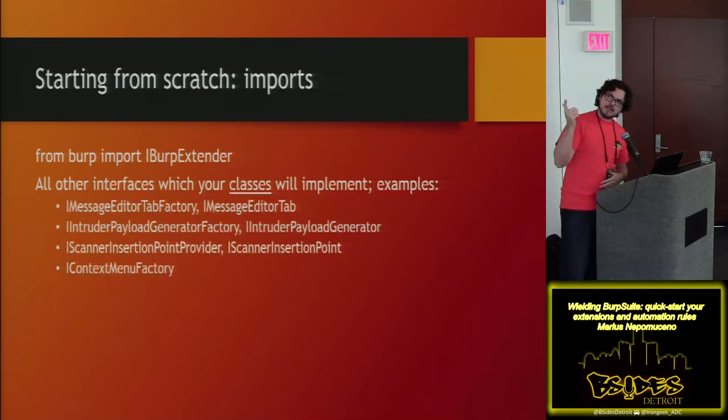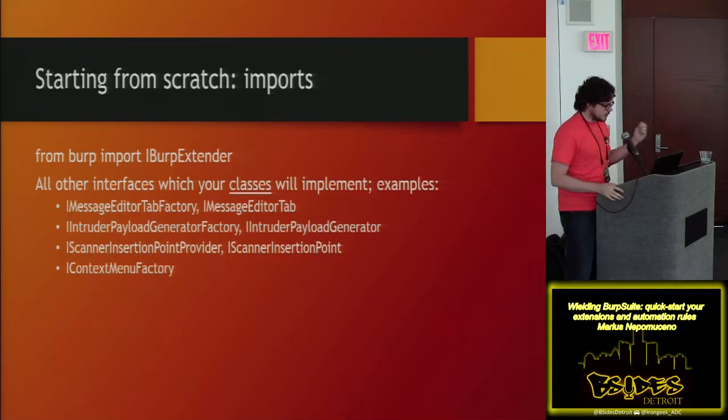IMessageEditorTabFactory and IMessageEditorTab create custom tabs in the BurpSuite UI, and you can do whatever you want with them. Intruder payload generation interfaces allow you to create custom intruder payloads, and point exactly where in the HTTP message the payload should be replaced, and other things like that.